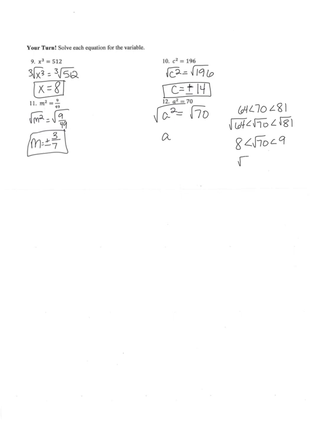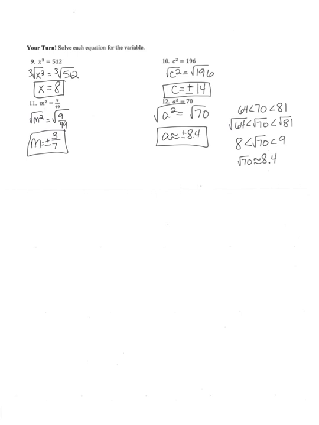So the square root of 70 is approximately 8.4 is what I will say. So here, a is equal to, and actually I'm not going to use equal to because I am estimating. And keep in mind, even though I'm estimating, it could still be positive or negative 8.4.